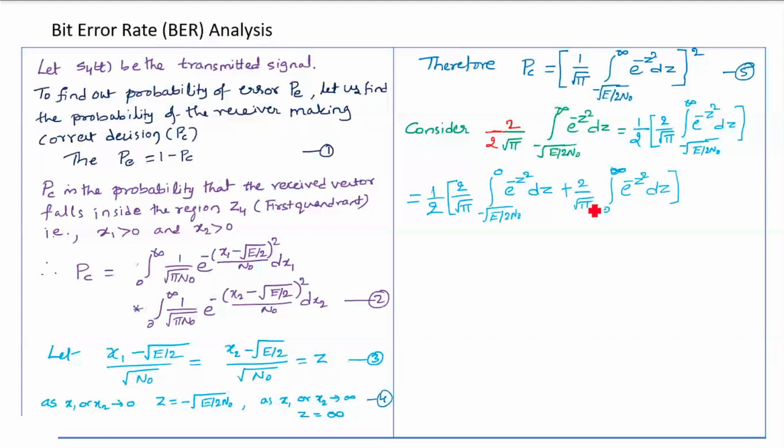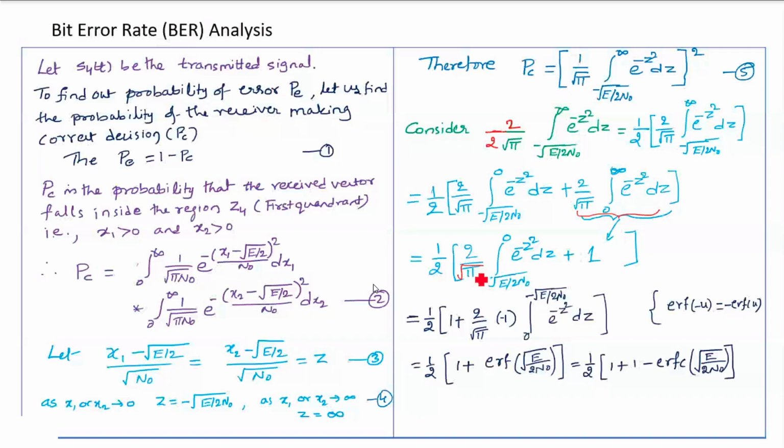Now what is this 2 by root pi 0 to infinity e to the power minus z square? We have seen in the past, this is nothing but 1. So I have retained 2 by root pi integral minus root of e by 2 n naught to 0 as it is.